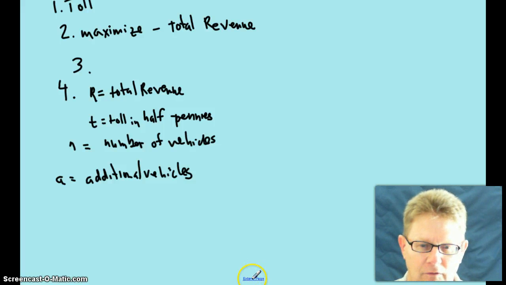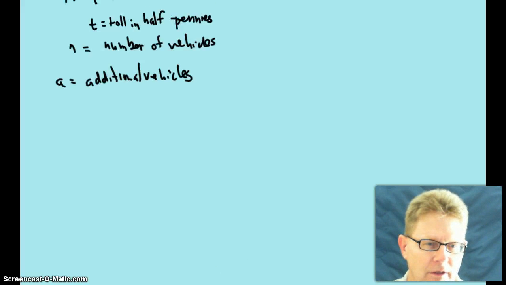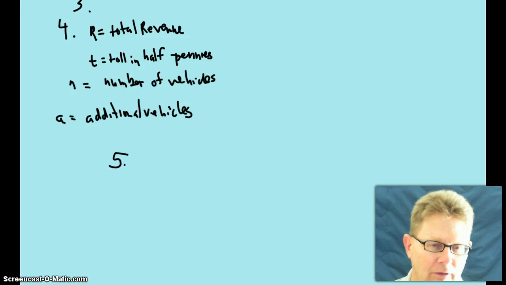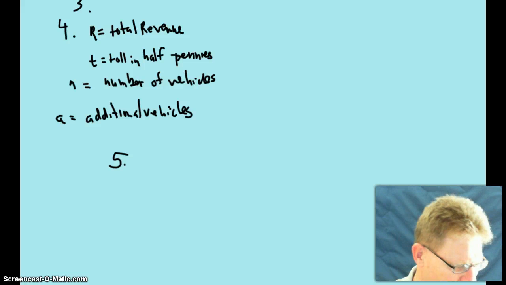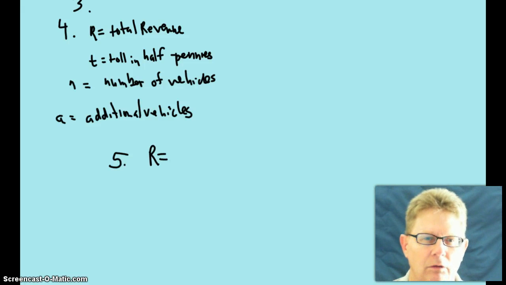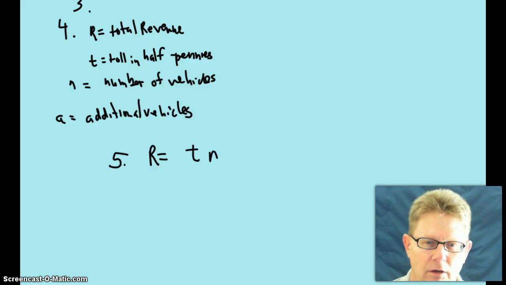Alright, let me extend the page a little bit. Let's see if we can come up with an equation. Think we can come up with an equation? 5. Wow, I totally missed that, but that's the way it is. The revenue equals the toll, however much we charge, times N, the number of vehicles.